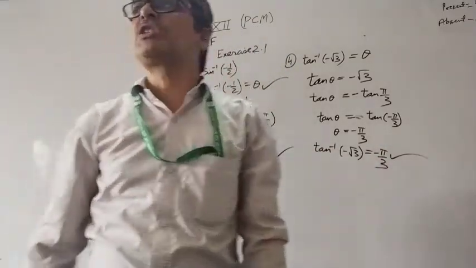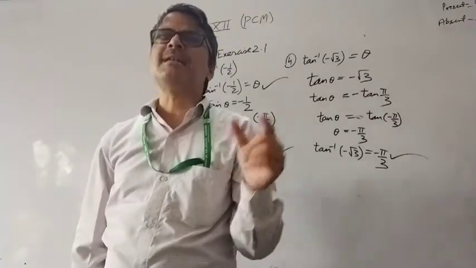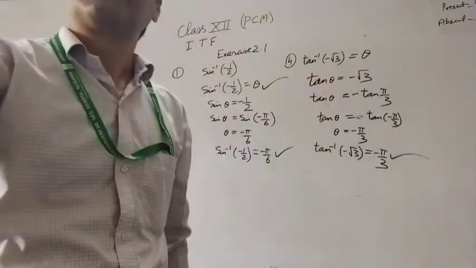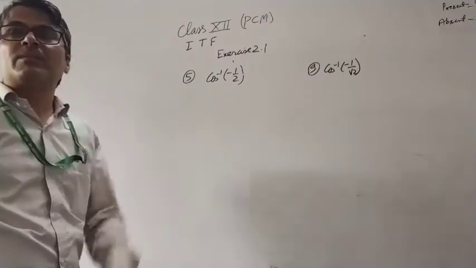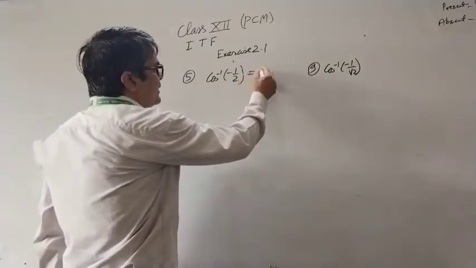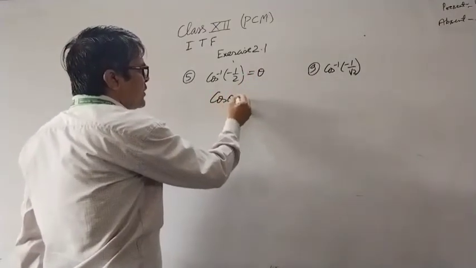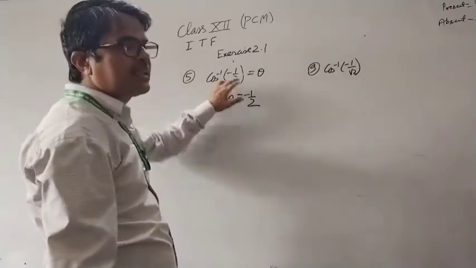The real twist is with cos theta, cot theta and cosec theta. Cos inverse minus 1 by 2. So you just write it theta, cos theta is equal to minus 1 by 2. Just delete the minus for some time.